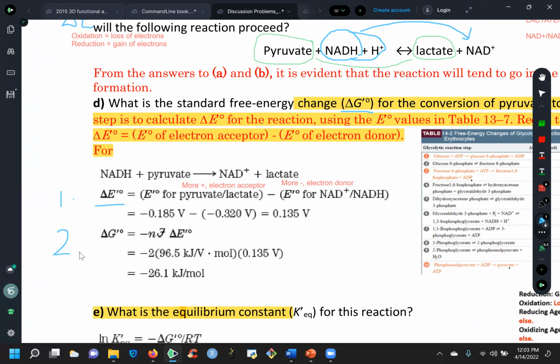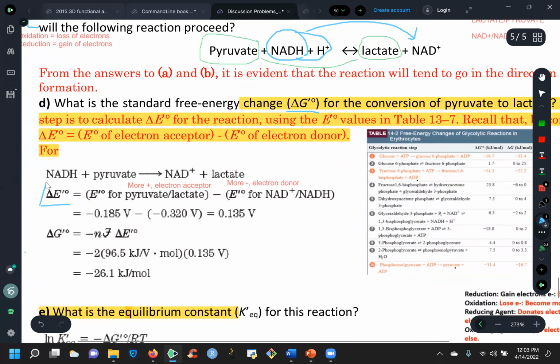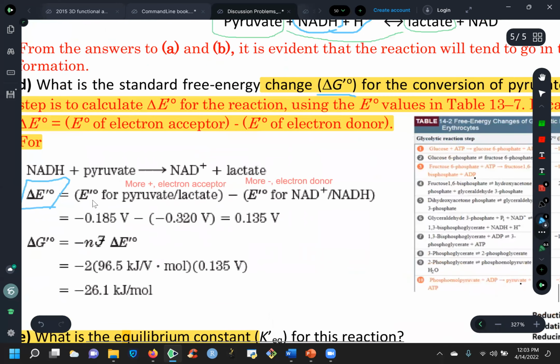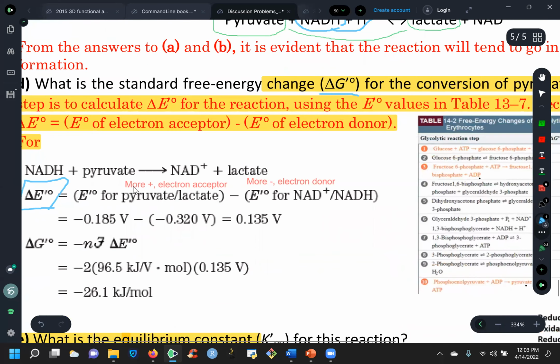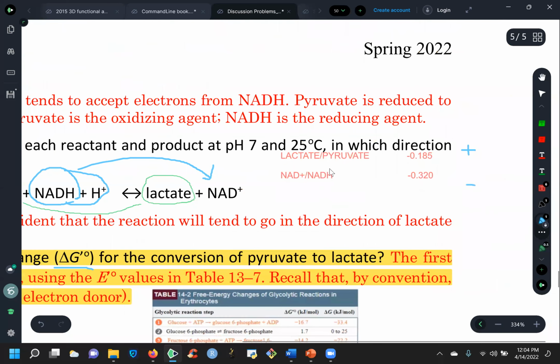Okay, so to calculate the change in standard reduction potential, all you do is take the standard reduction potential value for the most positive one, and then you subtract the more negative. So for pyruvate and NAD plus, who's more positive? They're both negative, but who's more positive?